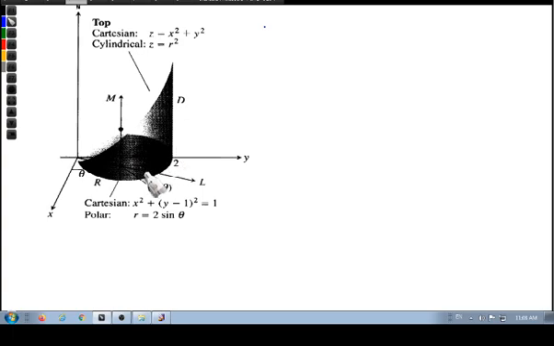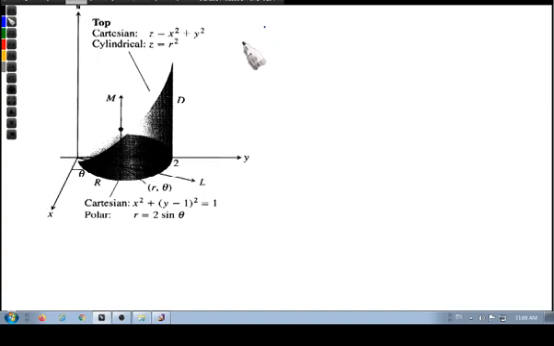The region is bounded laterally by the cylinder, below by the plane z equals 0, that means the r theta plane, and above by the paraboloid z equals x squared plus y squared.